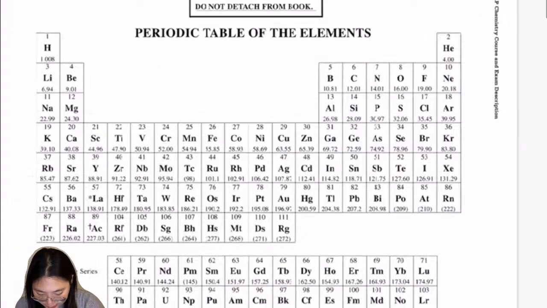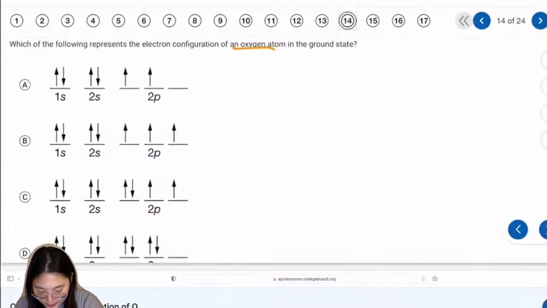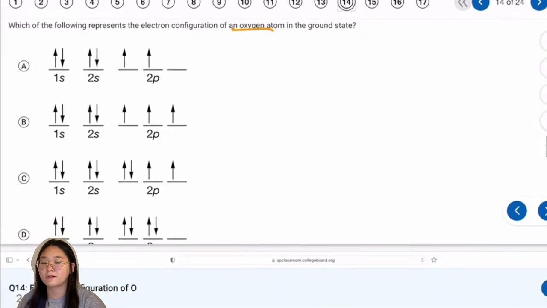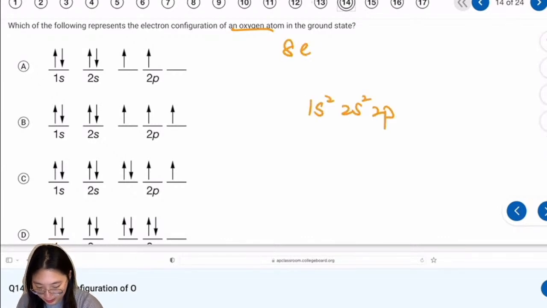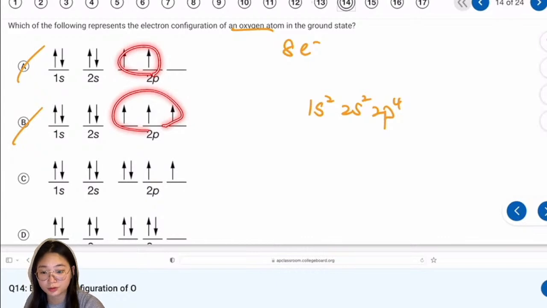Oxygen has a proton number of 8, which means it also has 8 electrons because it's an atom, not an ion. So if I write out the electron configuration, there should be 1s2, 2s2, 2p, 8 electrons, 2p4. So I can cross out A and B because A has only 2p2 and B has only 2p3. So obviously A and B are not the correct ones.